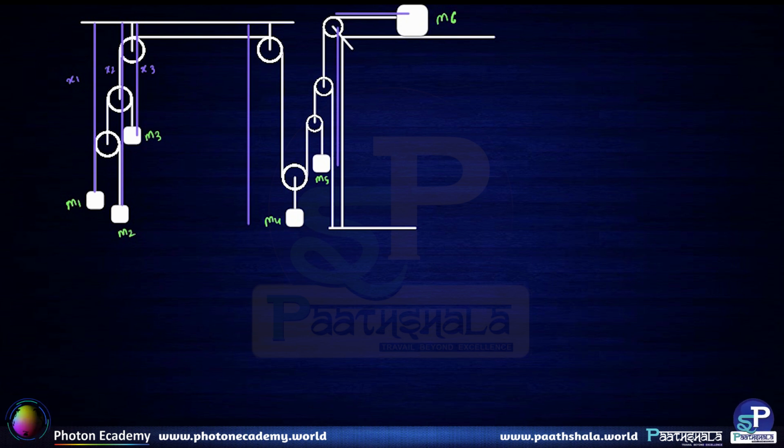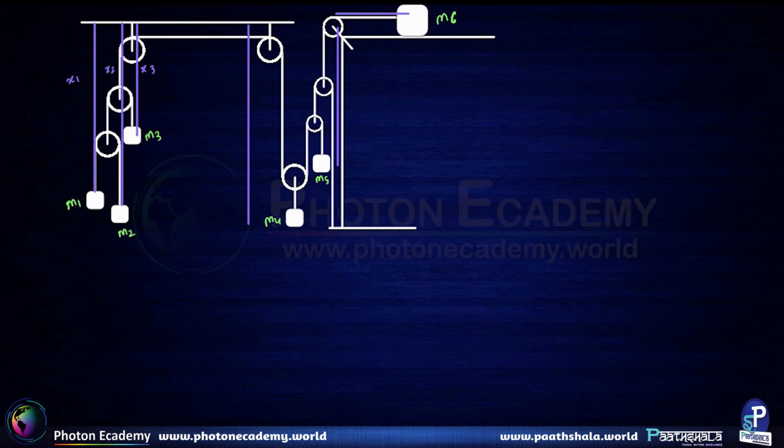So we have to measure all distances from rigid supports. The rigid supports may be the same rigid support or it may be different rigid support. If it is a different rigid support, it does not matter because the displacement vector or the position vector of one rigid support with respect to another rigid support is going to remain fixed.